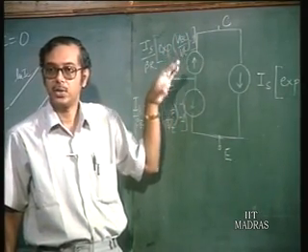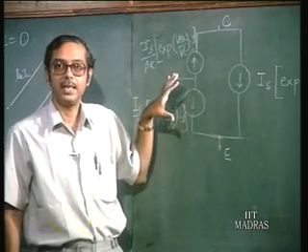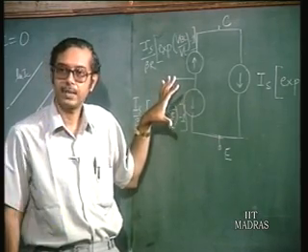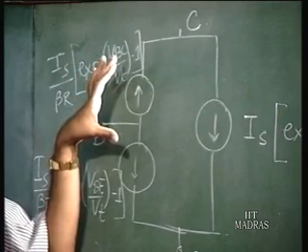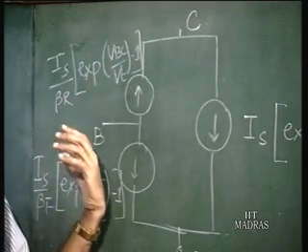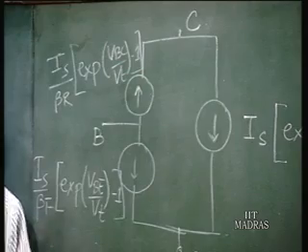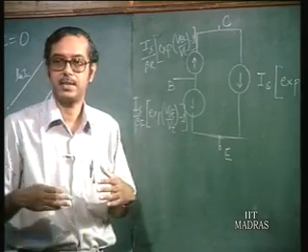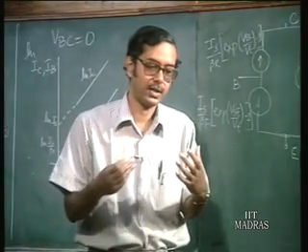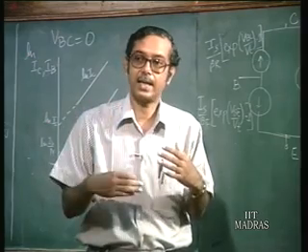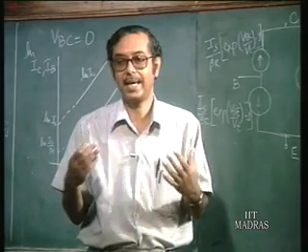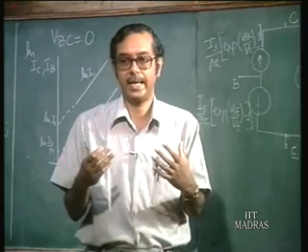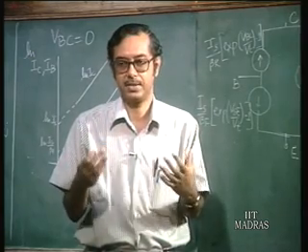So, keeping VBE constant, if you make VBC positive, you are going to reduce VCE with the result that the effective beta, I mean you should not call it the beta of the transistor, the collector current to the base current ratio reduces. So, you can say that the effective forward gain of the transistor has reduced.